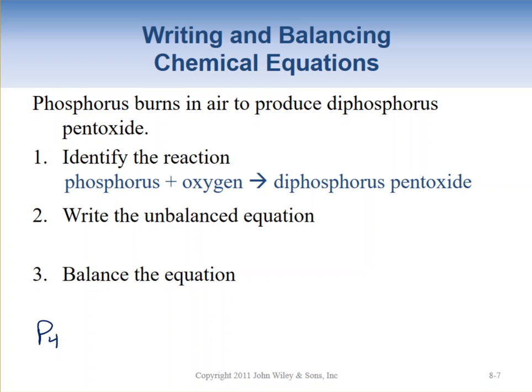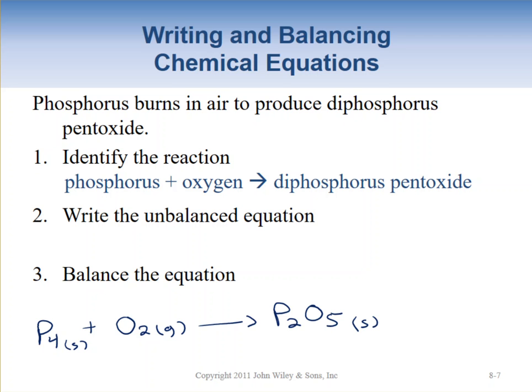Phosphorus is always P4 in its elemental form, and sulfur is S8 in its elemental form. So P4 plus oxygen, solid and gas, gives you diphosphorus pentoxide. What's the formula of diphosphorus pentoxide? Very good. It's a molecular compound, P2O5.